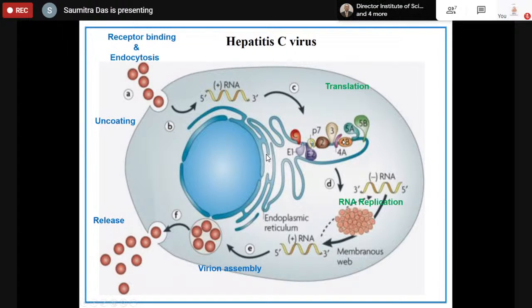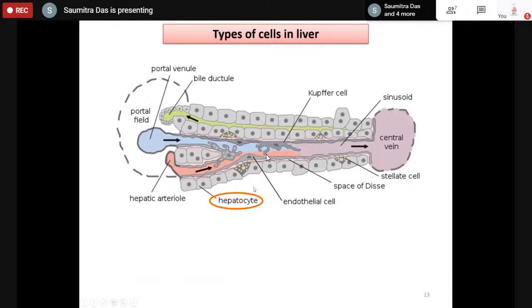The viral proteins bind to the 3' UTR and the 5' UTR of the viral RNA to make it replicate. It's a positive strand RNA virus, so a negative strand is made. The negative strands are made as a template to make more and more positive strand RNA, and those positive strand RNAs are packaged, which we call virion assembly, and then released to infect the neighboring liver cells.